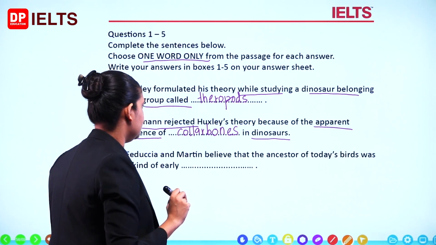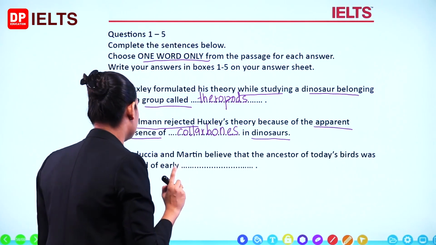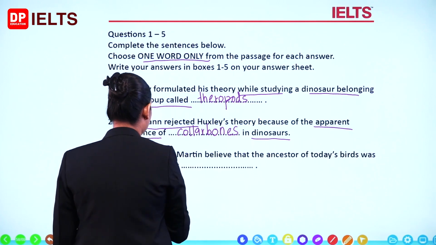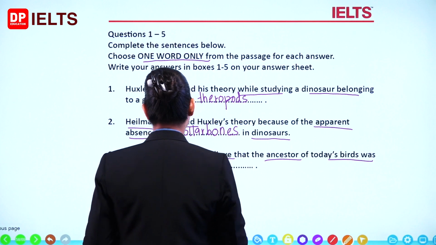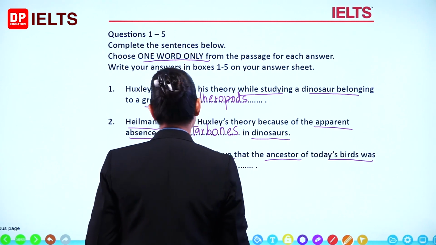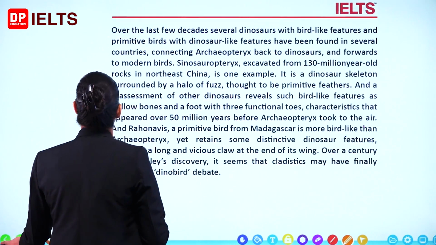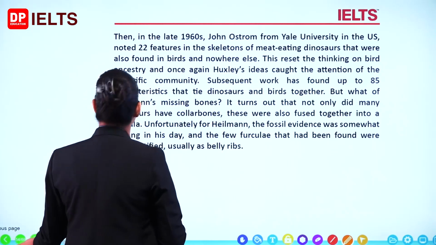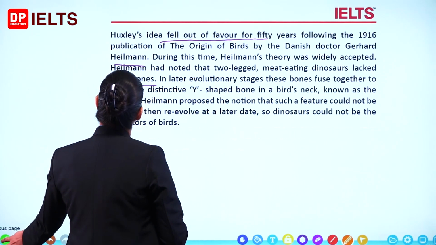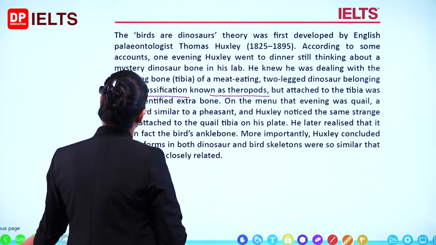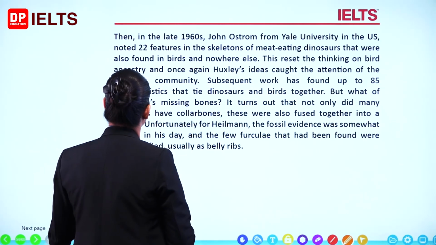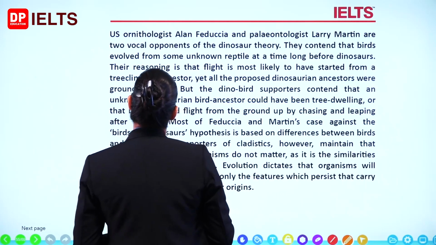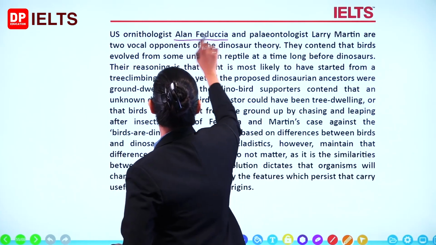Feduccia and Martin believed that the ancestor of today's birds was a kind of early what? Let's see. It says today's birds was a kind of early what? Okay. So that's what we are trying to scan for. So here we see Alan Feduccia.